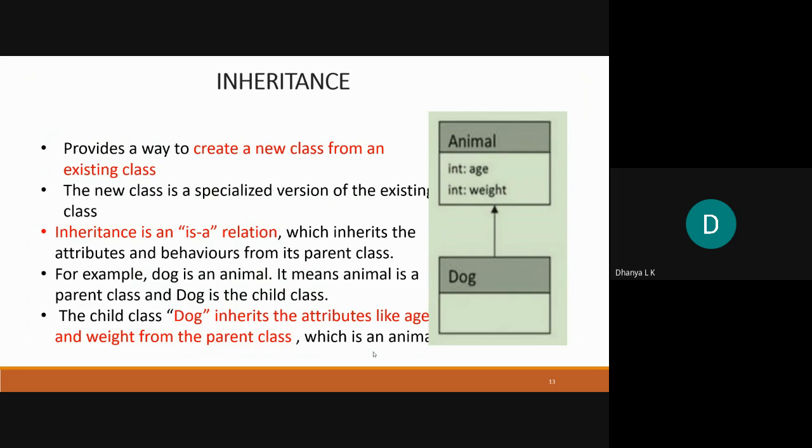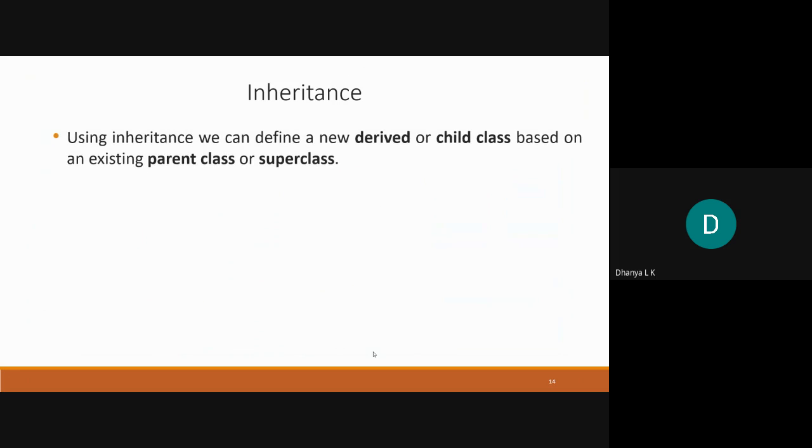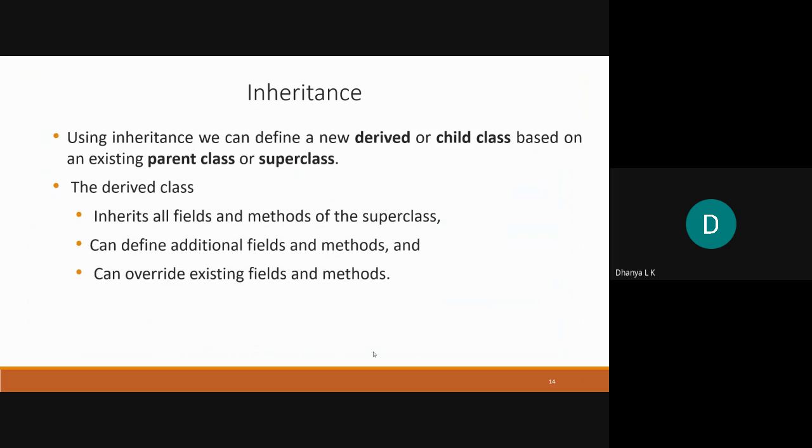That is inheritance. We have some terms: parent class, superclass, base class. These are the names for the existing class. And whenever we create a new class, that class can be called a derived class, child class, like that. So a derived class can inherit all fields and methods of the superclass.